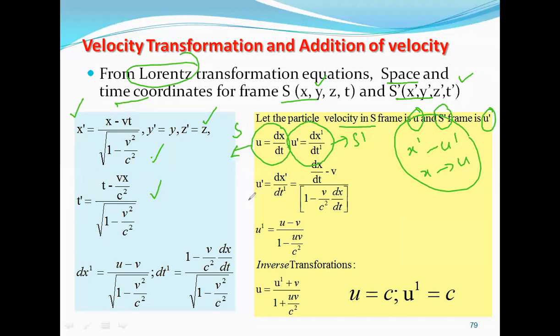Now the question is how do we convert this into the velocity transformation? I have to get u prime in terms of something. So I consider x prime and t prime, then do a differentiation with respect to t.